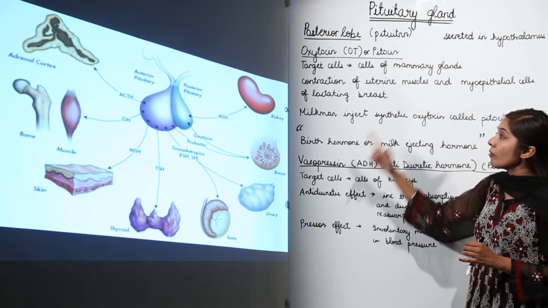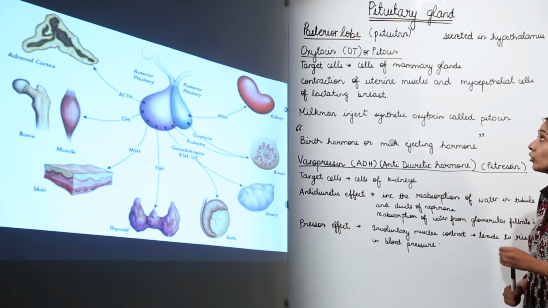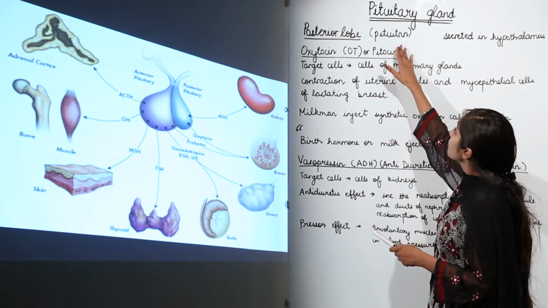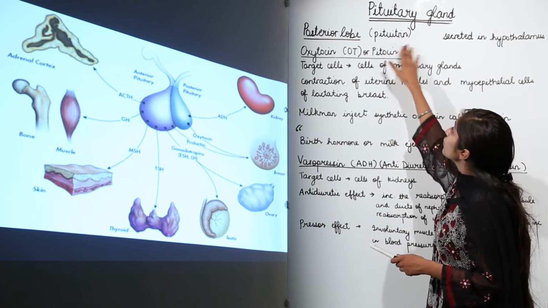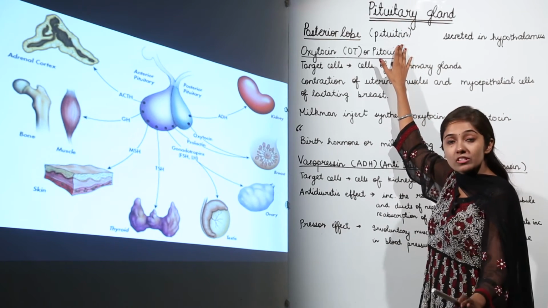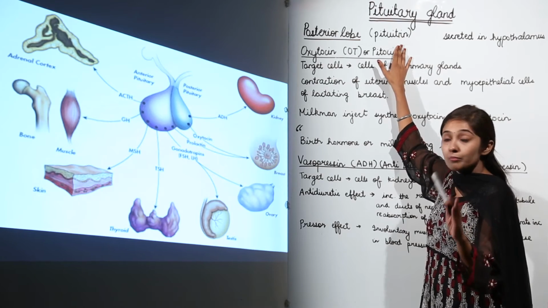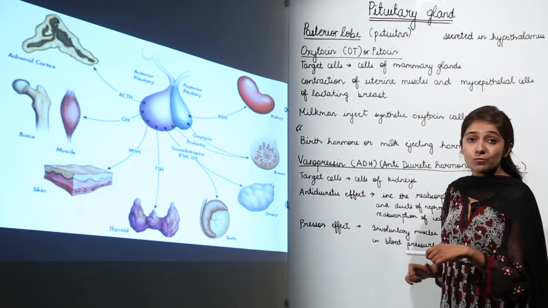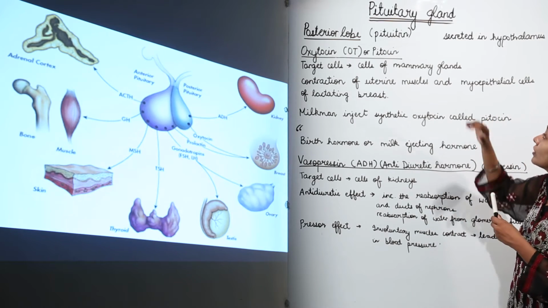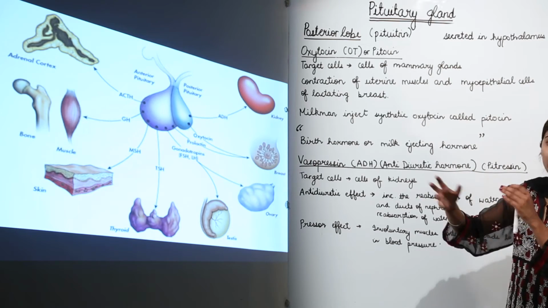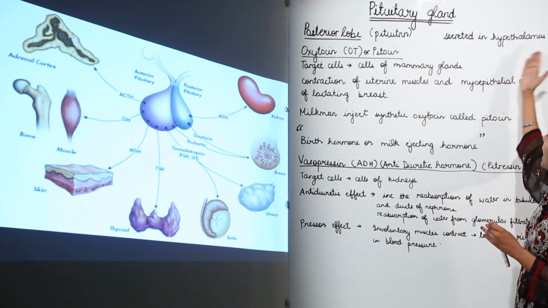So these two hormones are the hormones of the posterior lobe, and the secretion from the posterior lobe is also known as what? It is known as pituitary. The secretion from the posterior lobe of the pituitary gland is known as pituitary. And remember one very important point, that the secretion of the posterior lobe is not secreted in the bloodstream directly, it is secreted in the hypothalamus.